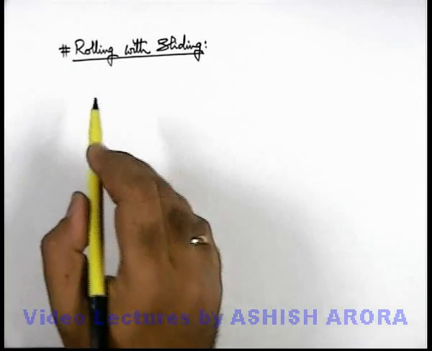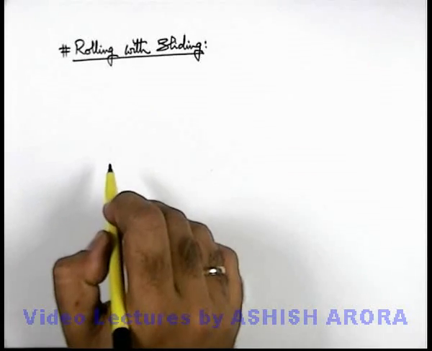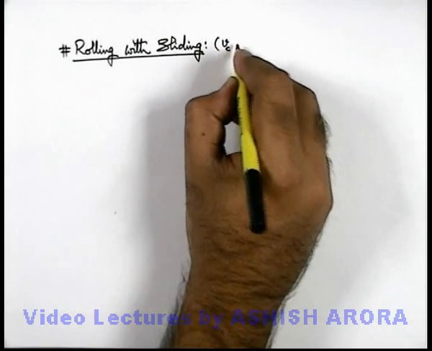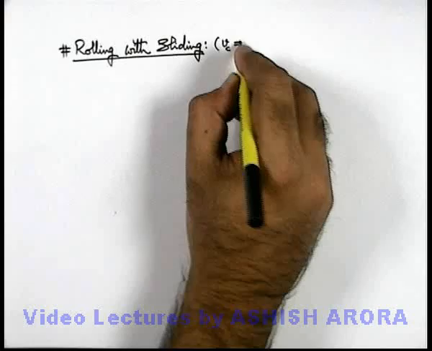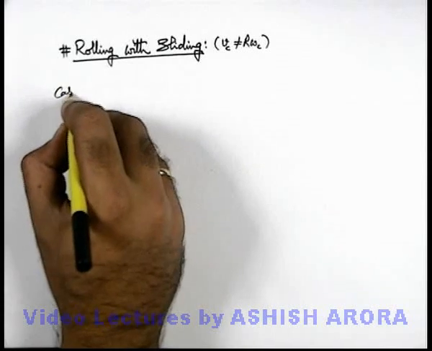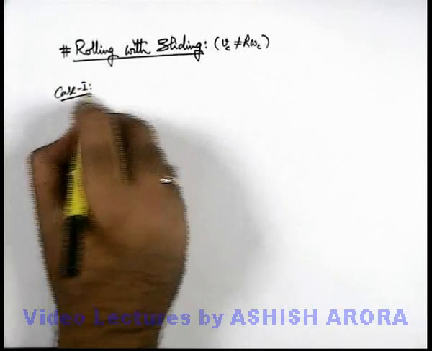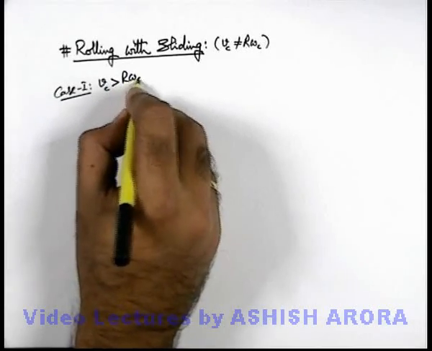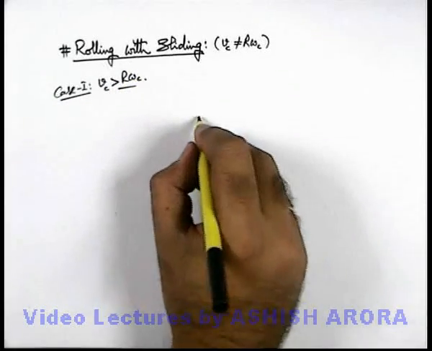Now we'll discuss rolling with sliding. This is the situation where the velocity of center of mass is not equal to r omega c for a rolling body. Here we are going to discuss two cases. Let's first consider the case when Vc is more than r omega c for a rolling body.